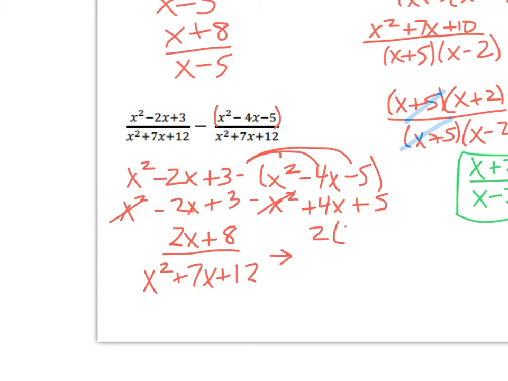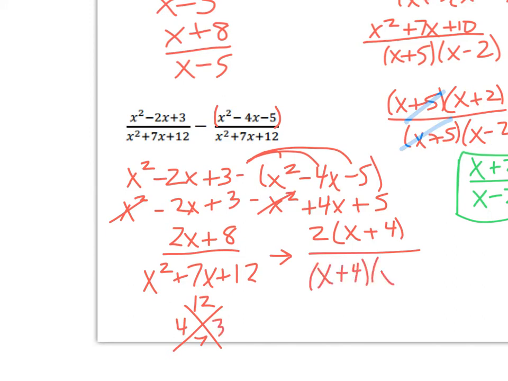So I get 2 times (x plus 4), and now let's see, two things that multiply to 12 and add to 7 are 4 and 3, and I do in fact have a common factor in the top and bottom that I can now reduce to 1. So I'm left with, for my final answer, 2 over x plus 3.